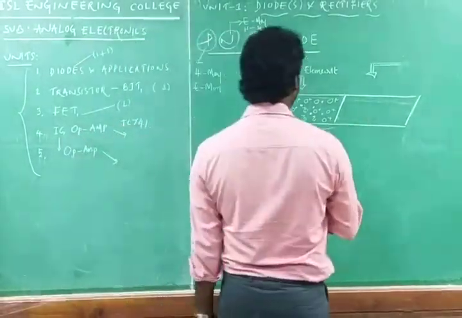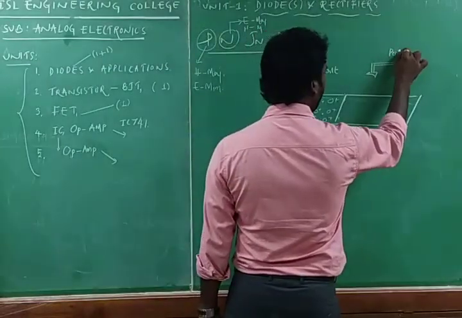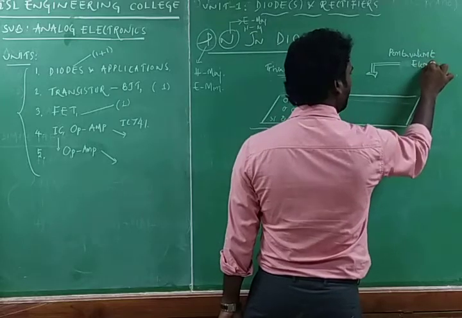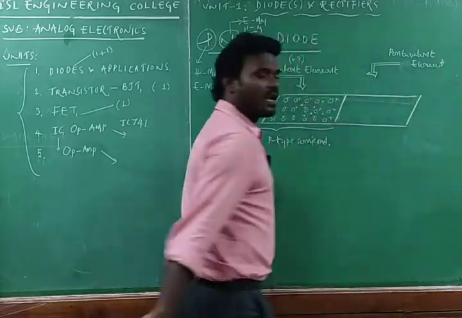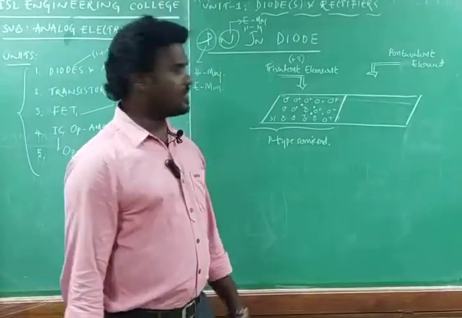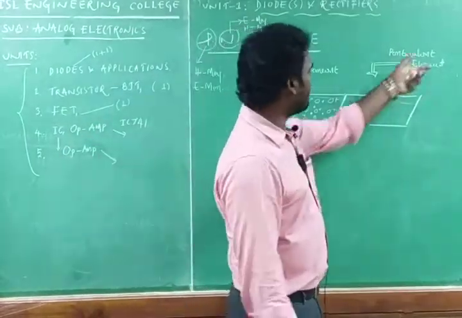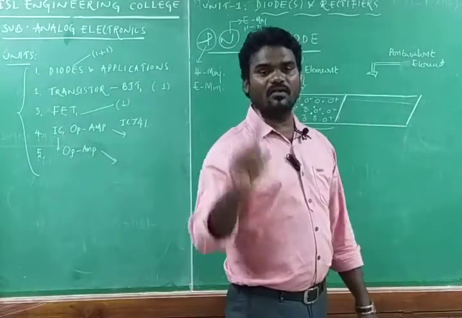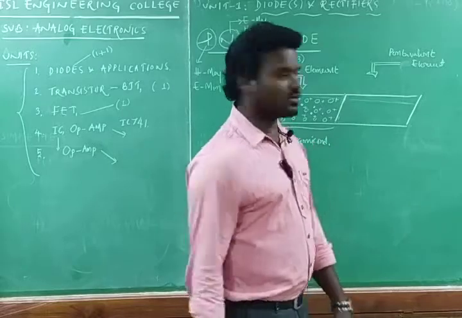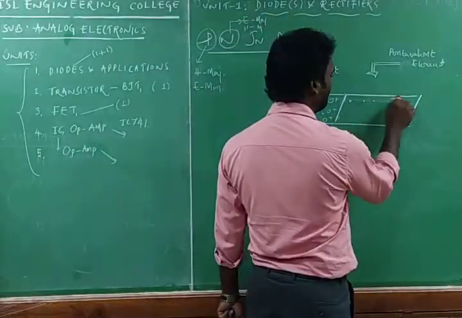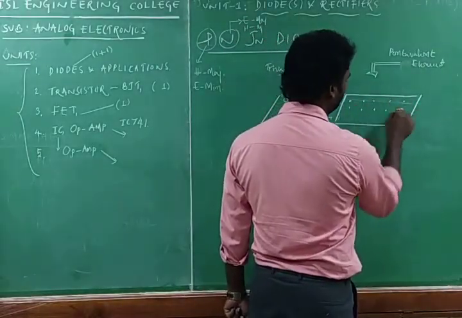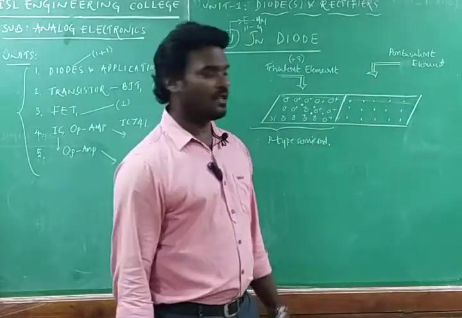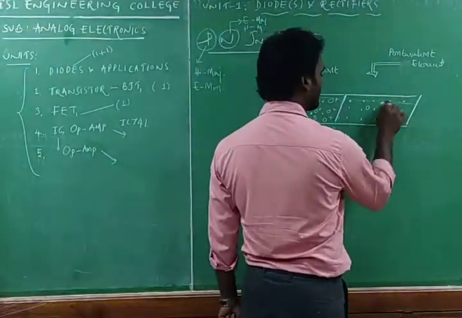So what we are doing, we are adding a pentavalent element, which has 5 valence electrons, whereas silicon has 4 valence electrons. 4 to 4 it makes the covalent bond, 1 electron will be left over, and that electron acts as a free electron, so it will be free. Due to this process, the number of free electrons is more in an n-type semiconductor than holes. Holes will be very few.